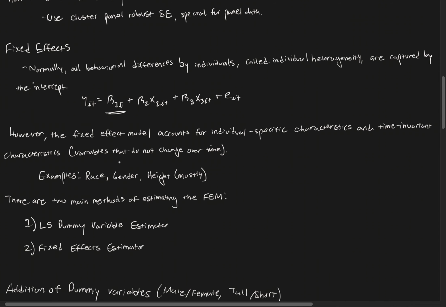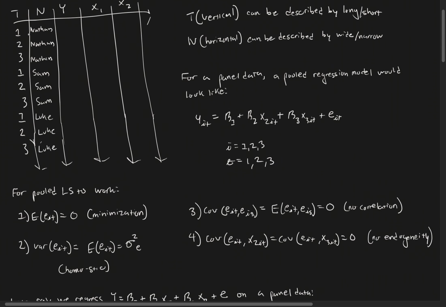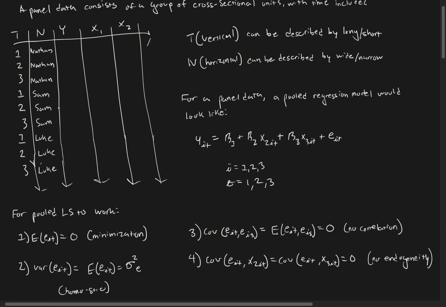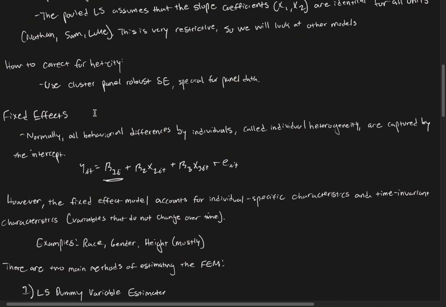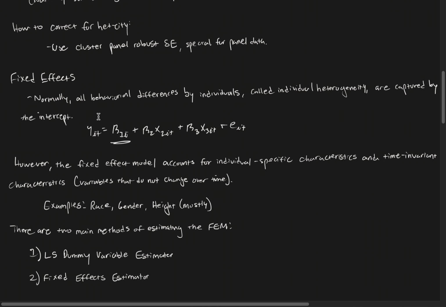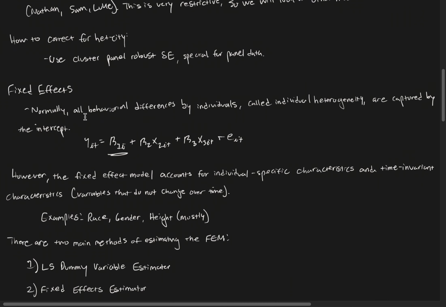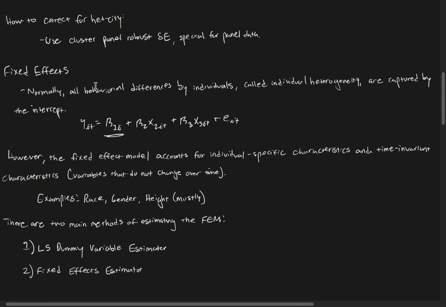But what the fixed effect model, or the FEM, is basically saying is, hey, we have these individual or time differences, where over time or over different individuals, their behavior is actually different, which is pretty realistic to what will typically be analyzed in a data set, because if it's the same, then you kind of lose the meaning of analyzing the data set.